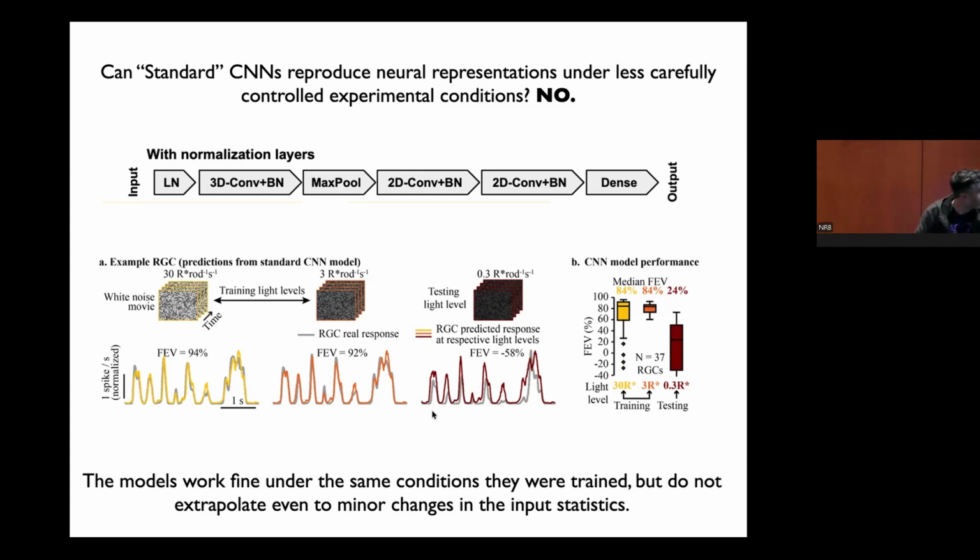There are other more profound changes, like the fact that whatever's happening at this time in the movie, the model thinks the neuron should respond to it, but the retina, this ganglion cell, really just doesn't. Whereas at the higher light level, that particular visual feature did drive the neuron.